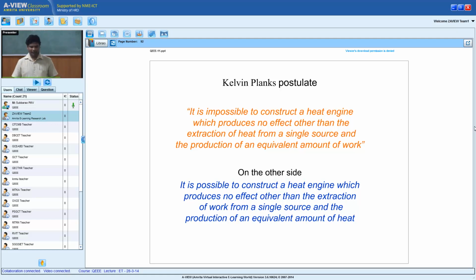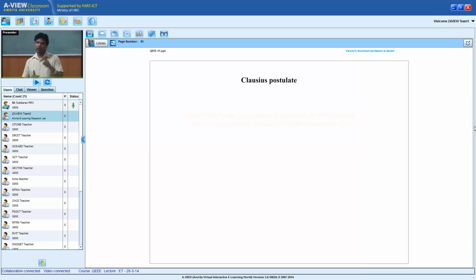Okay, on the other side, it is possible to construct a heat engine which produces no effect other than a fraction of work from somebody converting into heat. That can be done. You don't need another reservoir to convert the work into heat. Or what is the other possibility he is talking about? The other statement you will write on your own.